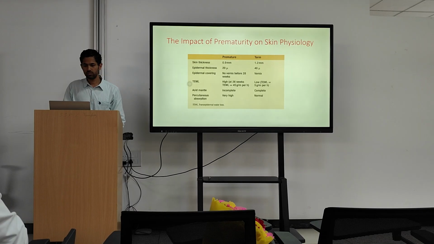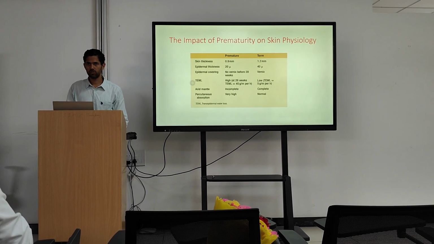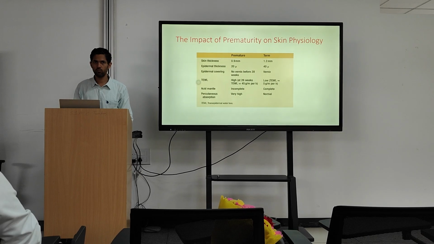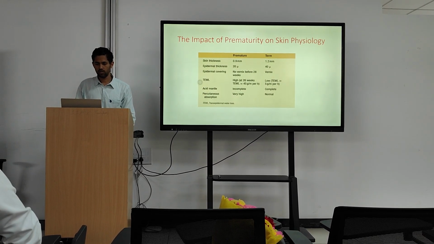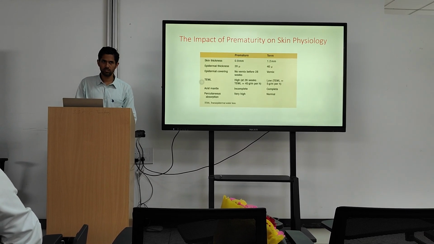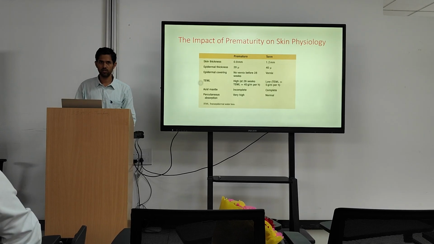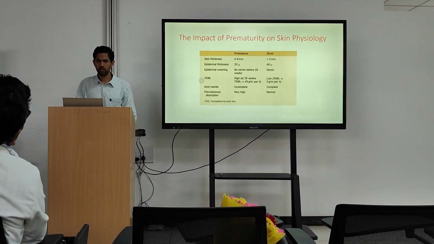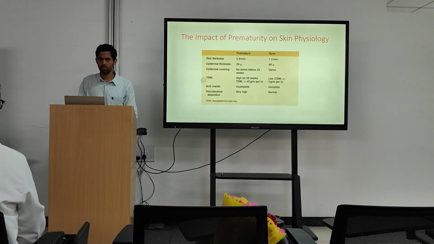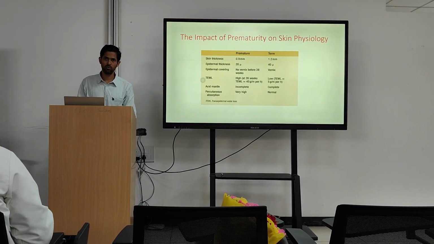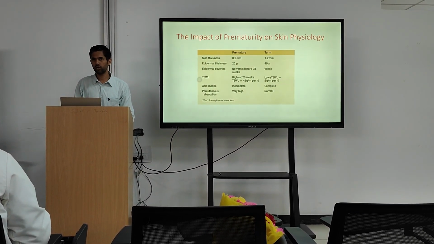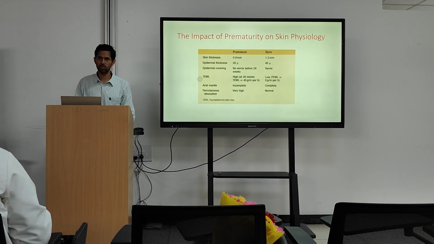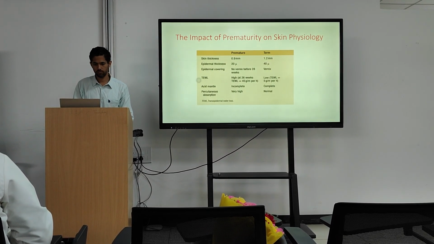The preterm baby's skin thickness is much less compared to a term baby, and even the epidermal thickness is much less. In the epidermal covering, there may be less vernix, that is the small hairs present on the skin of the newborn baby. And transepidermal water loss may be very high in preterm babies. In a term baby it may be up to 10 to 20%, but in preterm babies it may go up to 60 to 80%. The more premature, the more water loss.